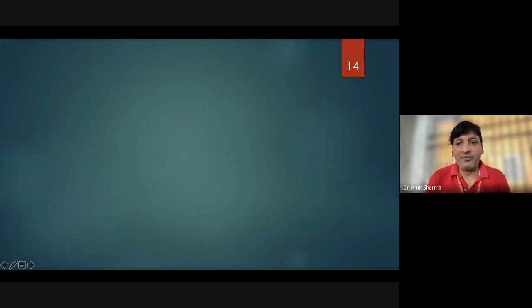So that person took a precaution. In that particular house, he fixed a fire alarm. Whenever my house catches fire, I should know. This is the fire alarm.